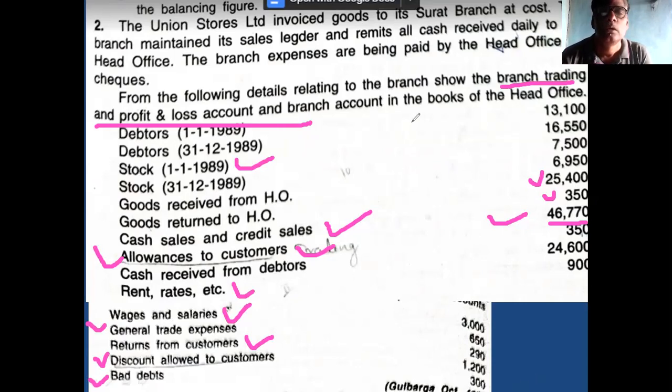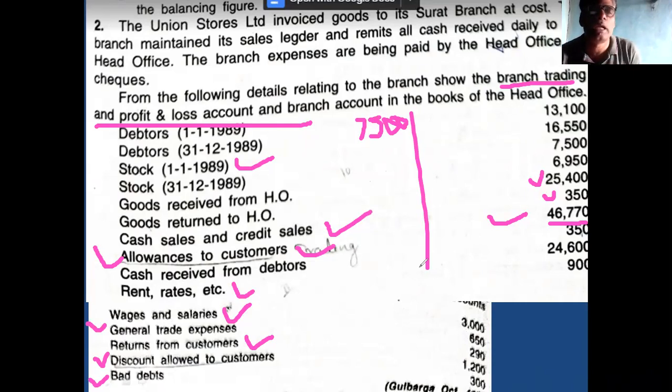So, if you draw the account, debit side items, opening stock. What is the opening stock? 7,500. Okay. Second item, goods sent to branch, 25,400 minus return 350.